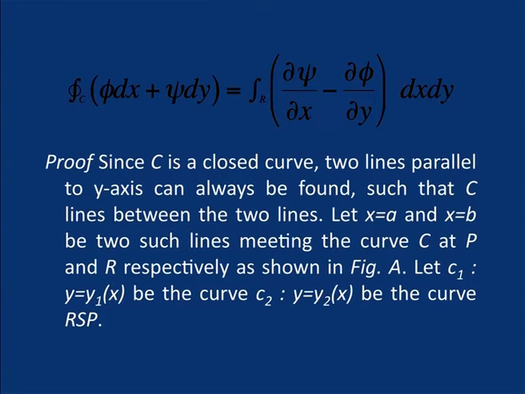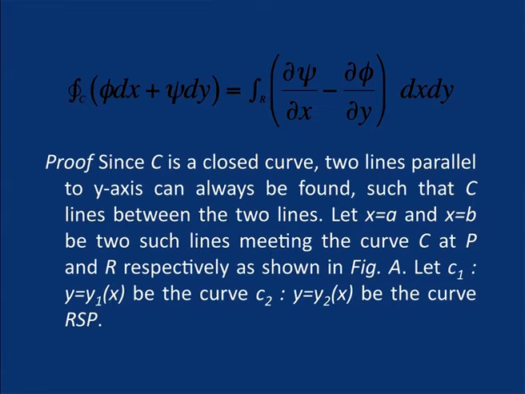The proof of the theorem: since C is a closed curve, two lines parallel to the y axis can always be found such that C lies between the two lines. Let x equal to a and x equal to b be two such lines meeting the curve C at P and R respectively, as shown in the figure.